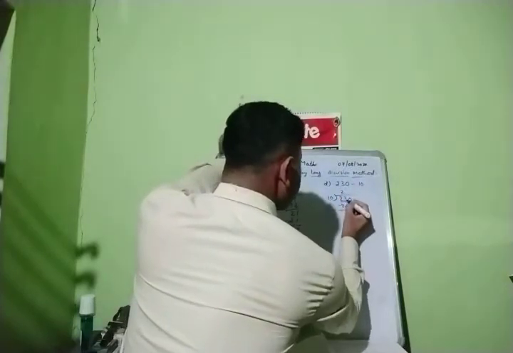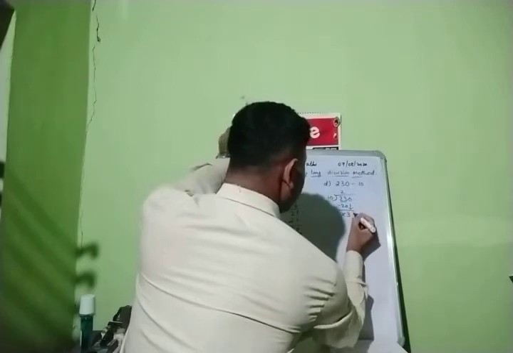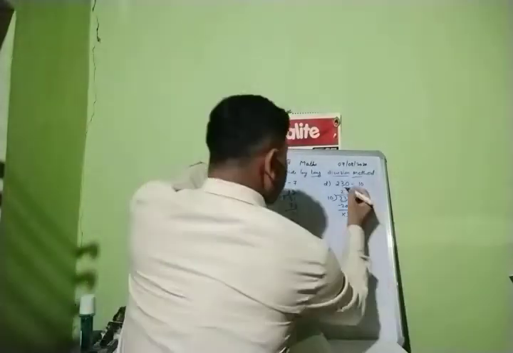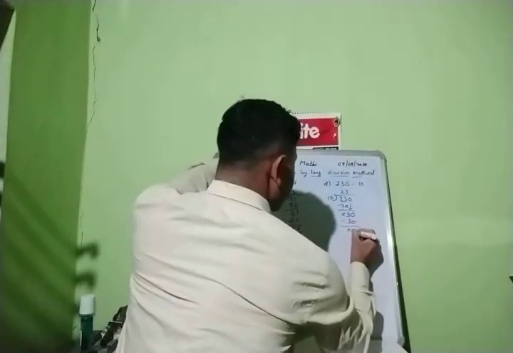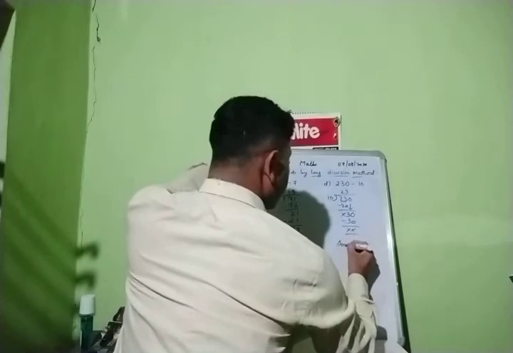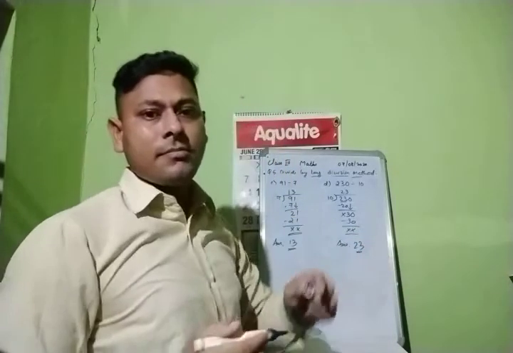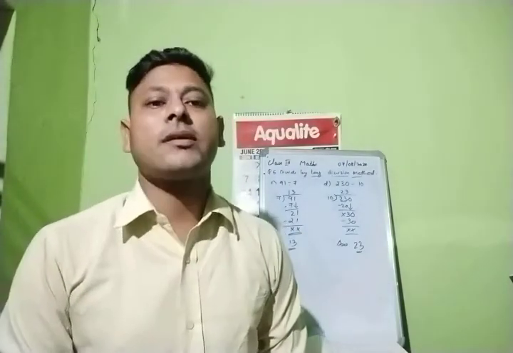Then 3 minus 2, 1... Then this 0 will come down. 10 ones are 10, 10 twos are 20, 10 threes are 30. So obviously 10 threes are 30. So what is our answer here? 23. Understood all? If you have doubt, ask me, I will clear your doubt.